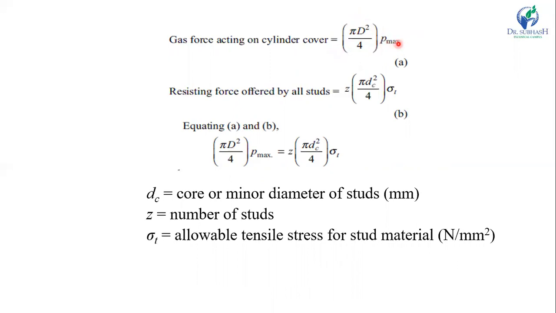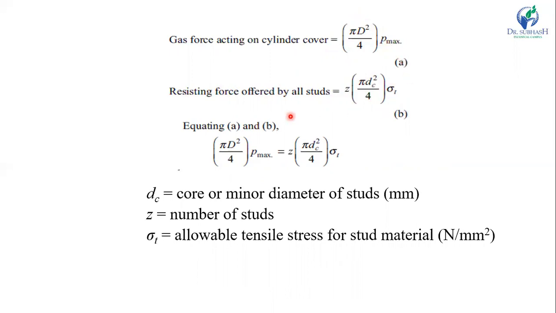The resisting force offered by all studs is Z, the number of studs, into pi by 4 dc square, the area of the stud, into sigma T.